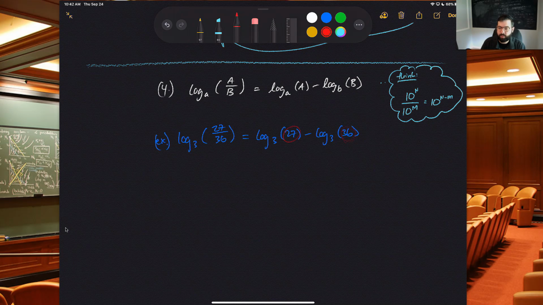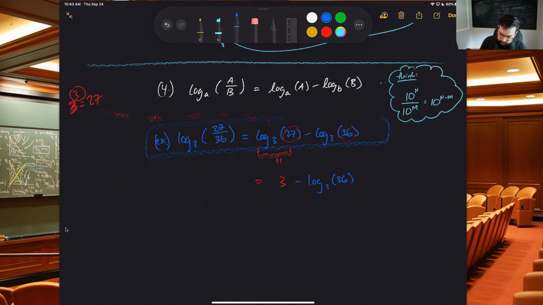Well, the power of 3 that gets me 36 is not an easy to find number, but this one is. The log base 3 of 27 is 3, right, because we know 3 to the third power is 27. So that must equal the exponent 3 minus log base 3 of 36.